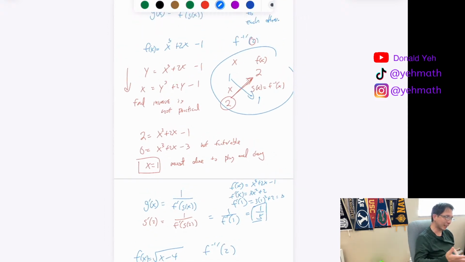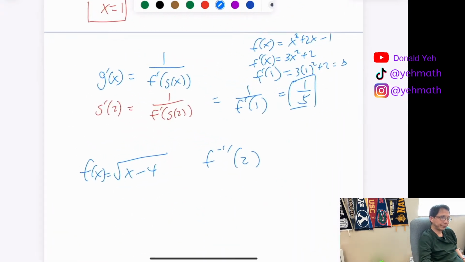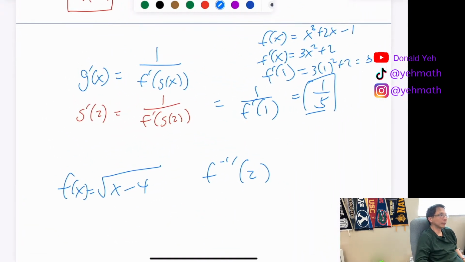So in that case, I can solve by plug and chug. Not all the time you have to plug and chug. Just plug in until it makes sense.